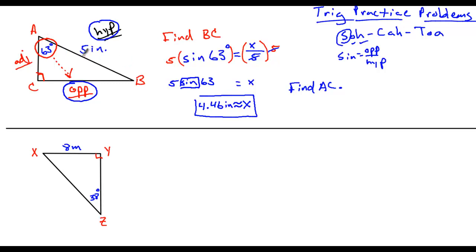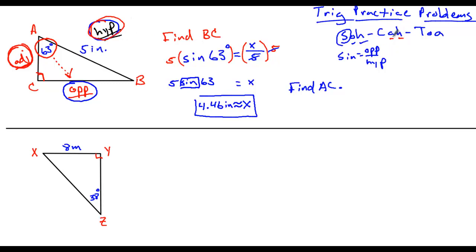The hypotenuse I do know is 5. I also know the opposite is 4.46, but you don't want to use the numbers that you found in a previous part of the problem unless you have to, because if you miss this one, now you're going to miss all of it.